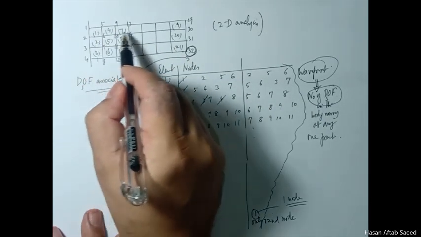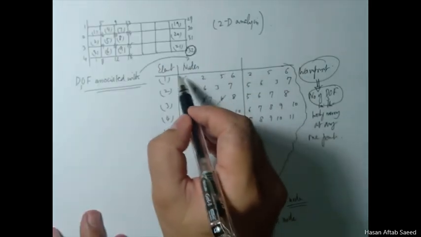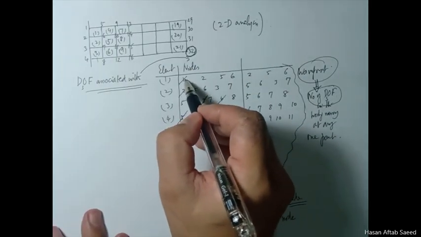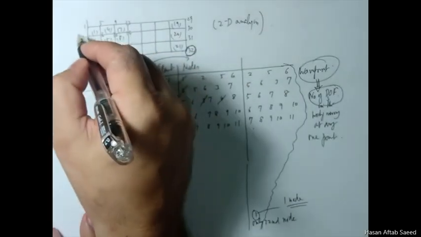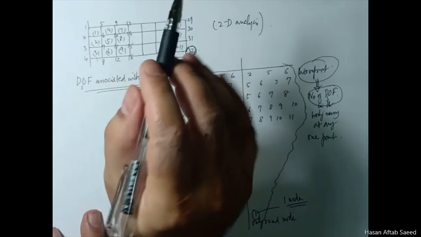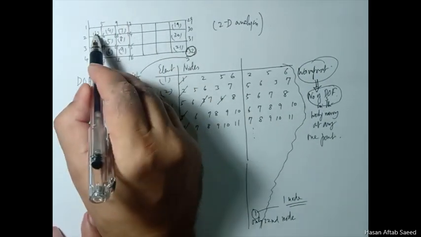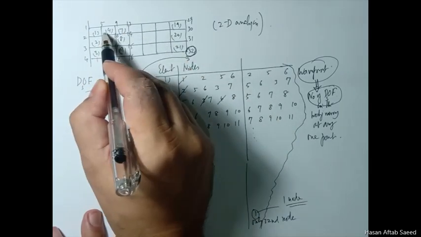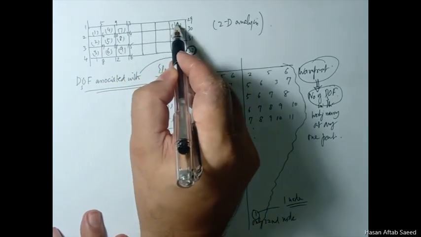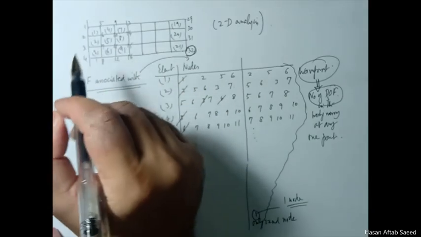But if we had gone the longer route 1 2 3 4, then node 1 would have been eliminated, but for node 2 to be eliminated, it would have been necessary for us to wait till we went all the way here, and when we reached this point, then we would have been able to eliminate node 2.